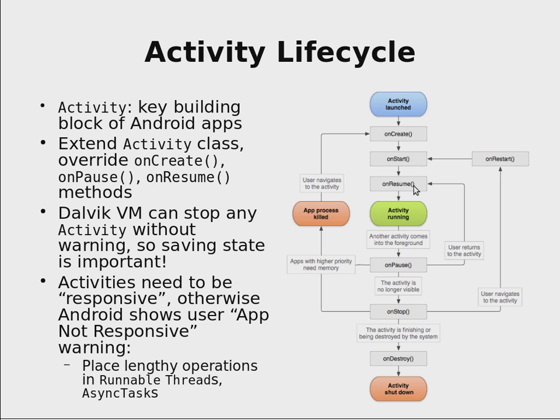So onResume is called, and then the activity is running again. Then you may switch to a completely different application, like you go to the home screen and open a different application, and then this particular activity goes through the onStop method and goes to sleep.